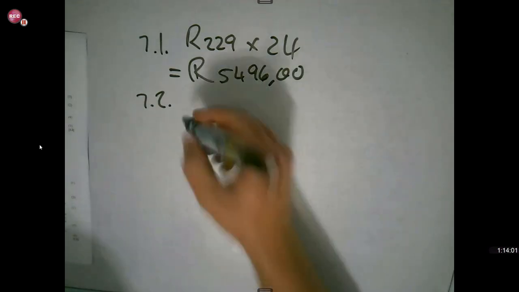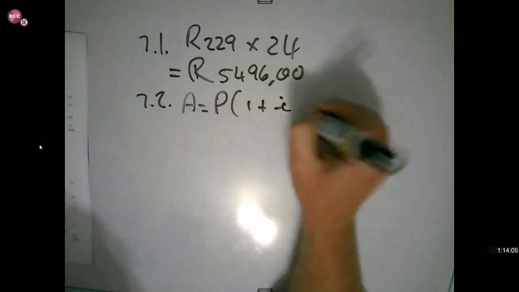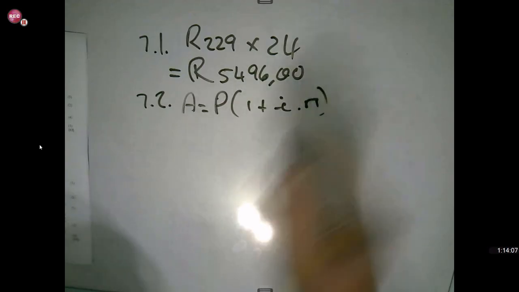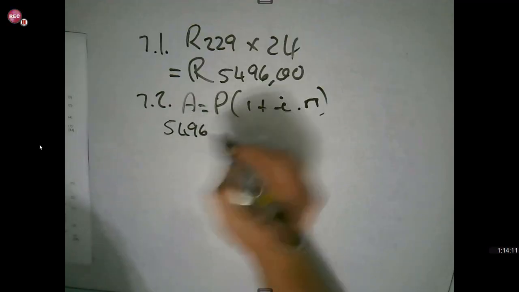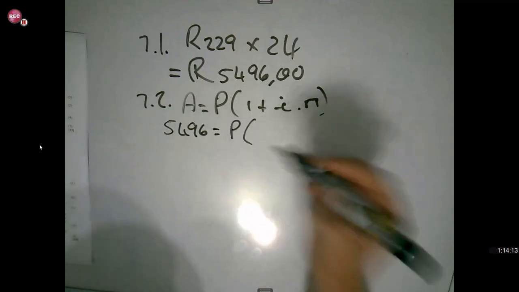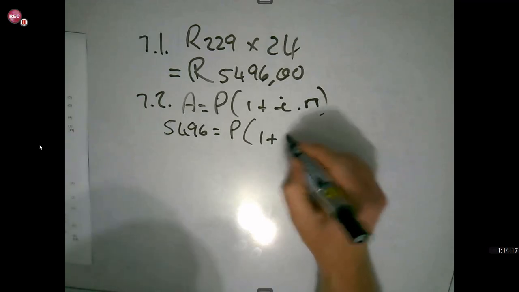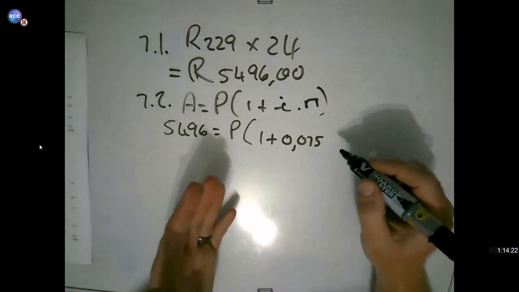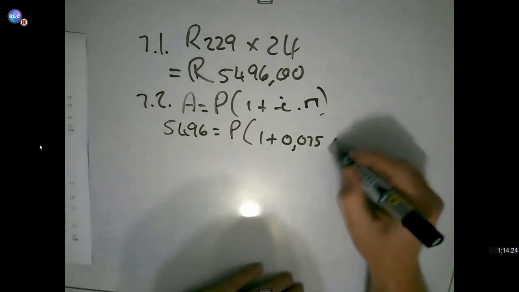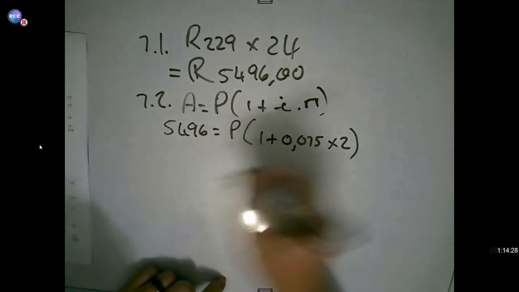Easy. This is the accumulated amount. You need to use simple interest. So A equals P times (1 plus i times n). So all we do is, this is the accumulated amount. We need to calculate for P, which is the principal amount. They said 7.5%, so it's 0.075, or you could say 7.5 over 100. That's up to you. Times 2 years, which is the 24 months that you have over there.